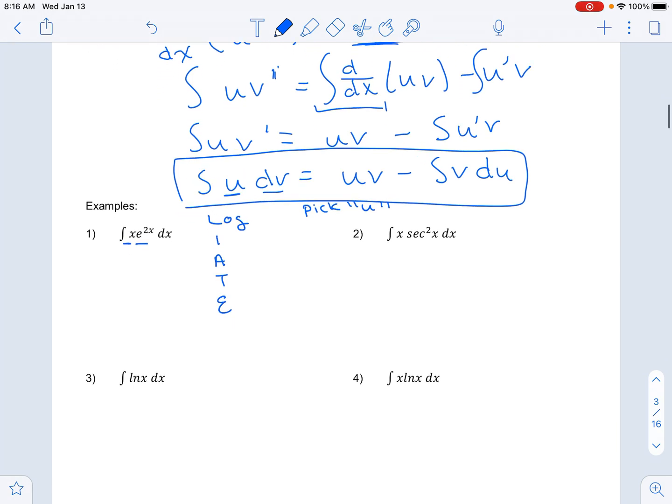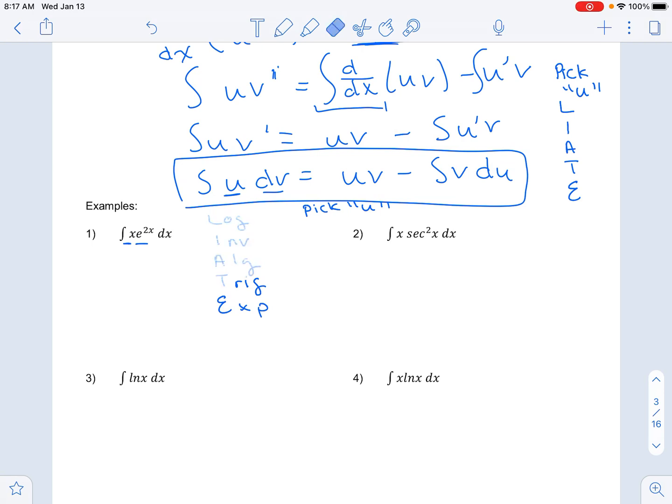That's your L. Your I is going to stand for inverses, so inverse trig functions, arctangent, arcsine, etc. Your A is going to be any type of algebraic function, so x squared, x cubed. Your T is going to stand for trig functions. Your E is going to stand for exponential functions. So this is the hierarchy that you are going to use to pick the u, and then everything else in the problem is going to be your dv.